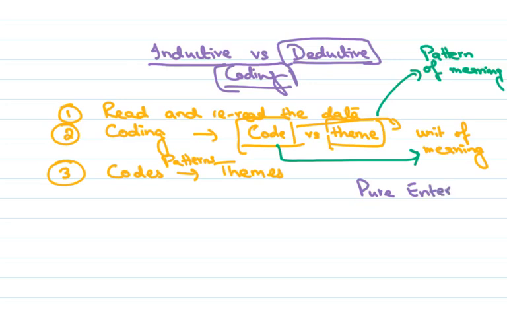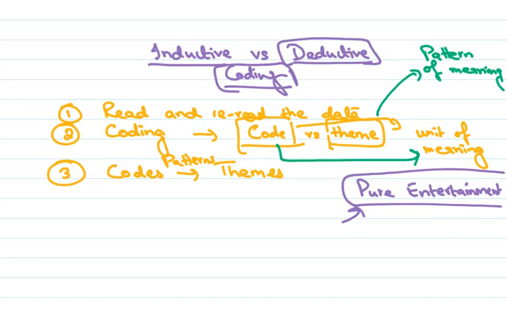You could fit this person's response into this already generated code of pure entertainment. That is an example of deductive coding: you've gone over some research which is relevant to your topic, and you have already created a list of codes. And using that list of codes, you look at your data and analyze your data.